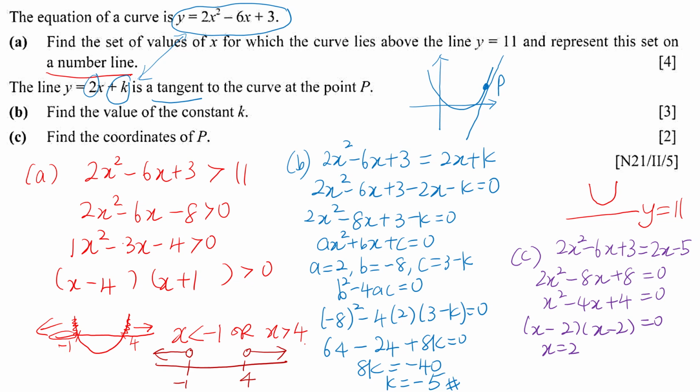So when x is equal to 2, you just have to substitute into, of course it's easier to substitute into the equation of the tangent line, y equals 2x minus 5. You won't want to substitute into your quadratic curve because there are more terms to calculate. So you have y equals 2 times 2 minus 5, that gives you negative 1. Therefore, your point P will be (2, -1). So this is how you do part C.